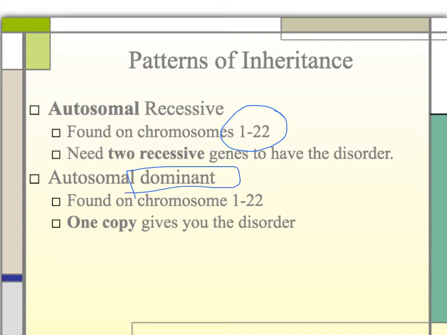In that case, the disorder is dominant, so you only need one copy of that mutation and you actually show or express that particular disorder.